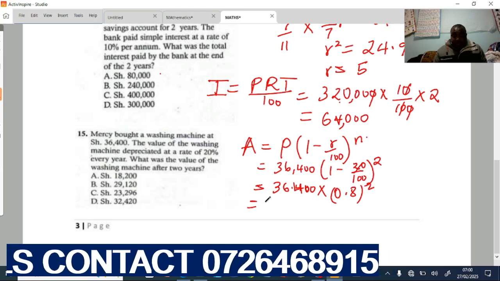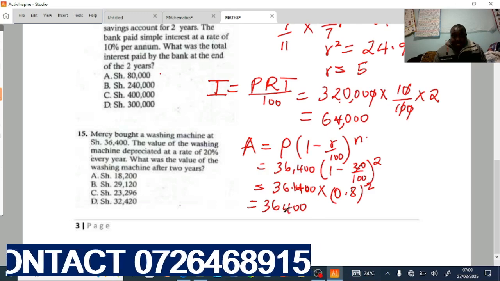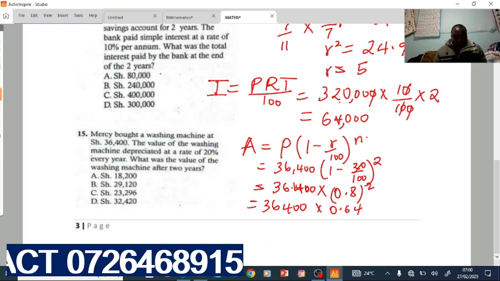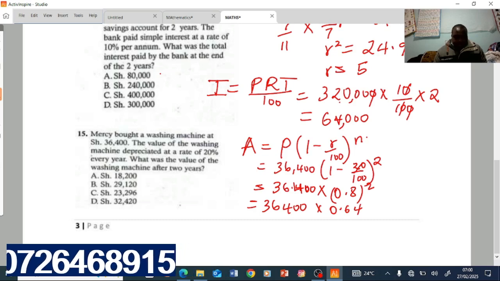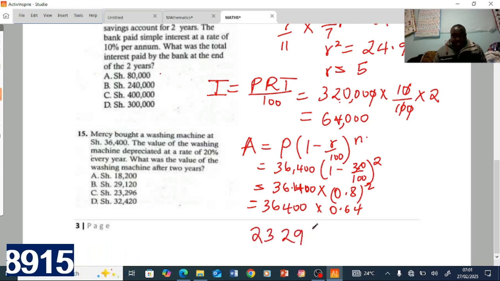So this one will be 36,400 times 0.64. And the answer is 23,296.